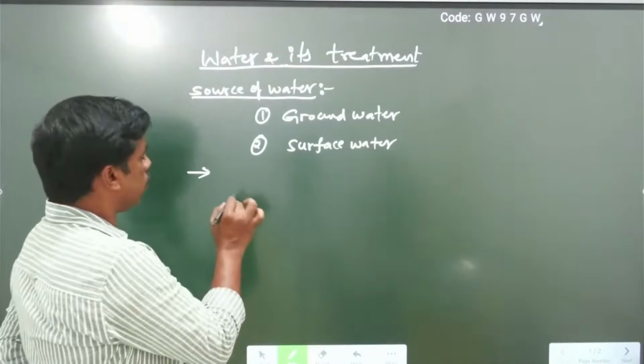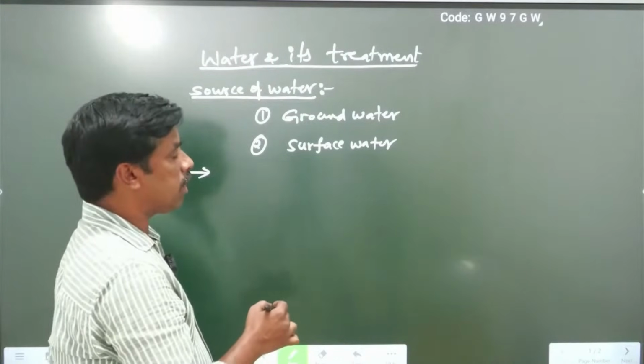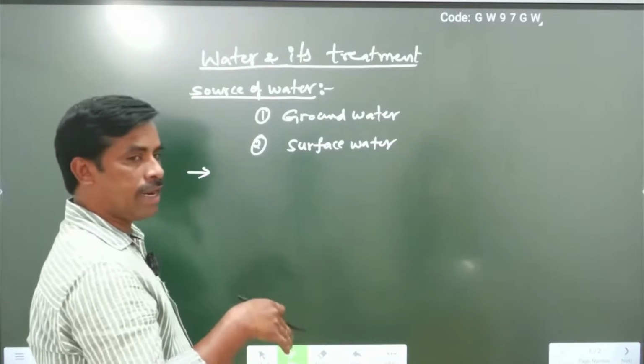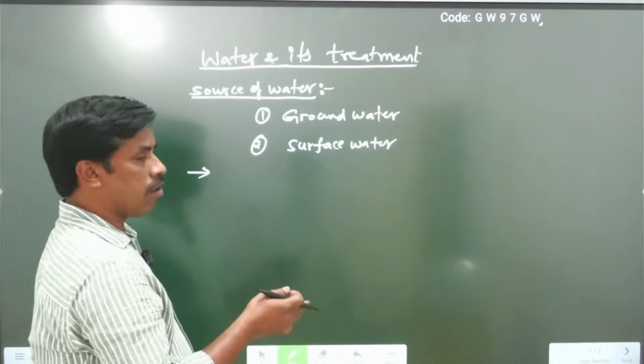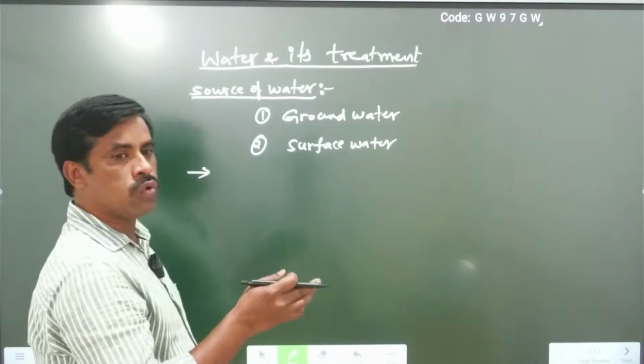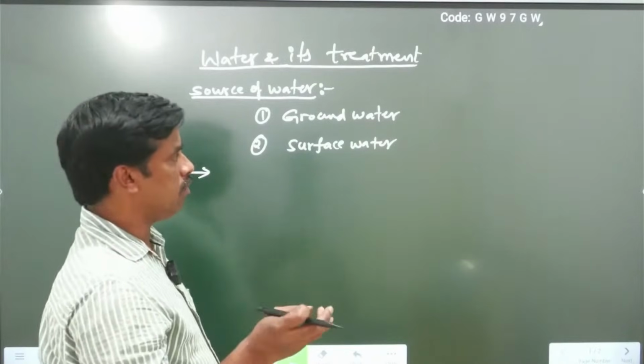But human beings nowadays do not require that many dissolved salts and other impurities for drinking purposes. For that purpose we need to study what hardness is and how to remove hardness.